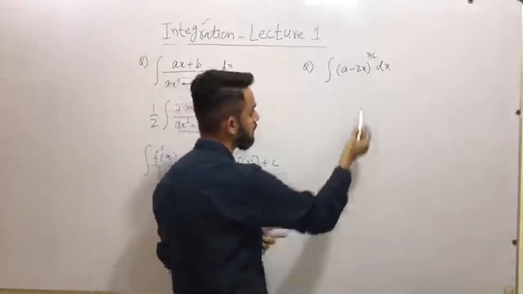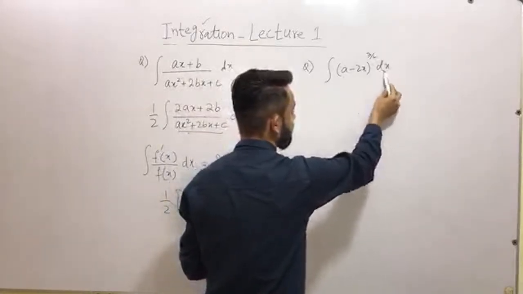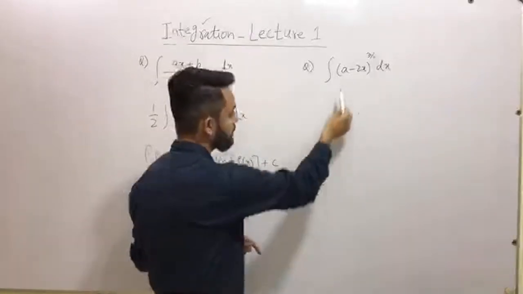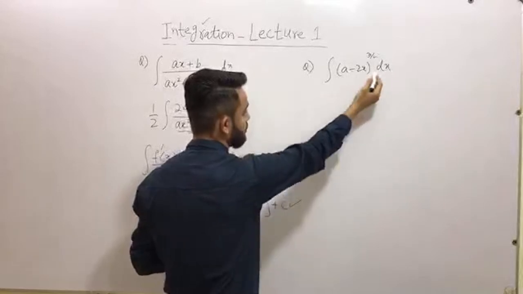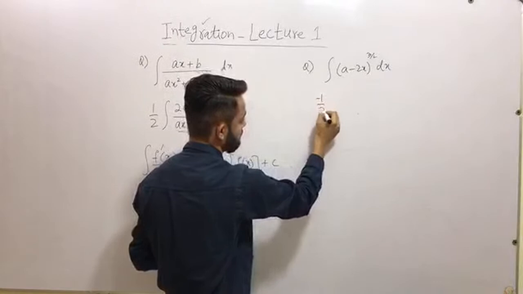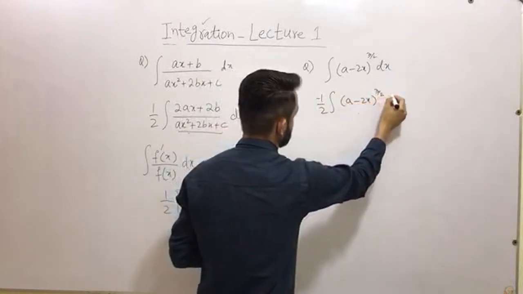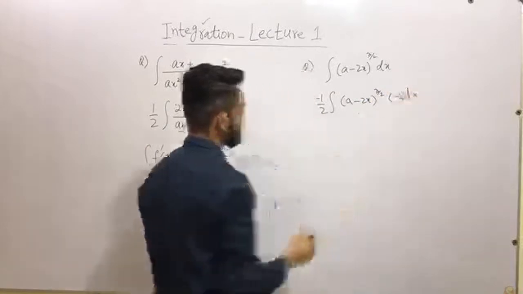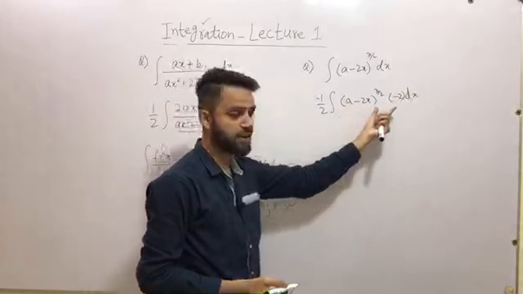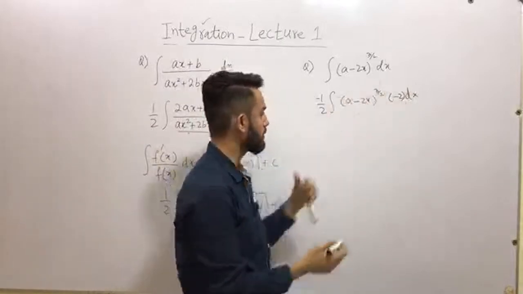Because this dx basically defines that x is going to be your variable, and the derivative of this is minus 2. So minus 2 is not present over here, so we can divide and multiply with minus 2. And now easily the function is here, the derivative is here, so you can apply the power rule and solve this.